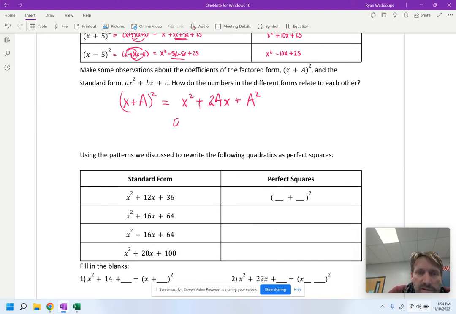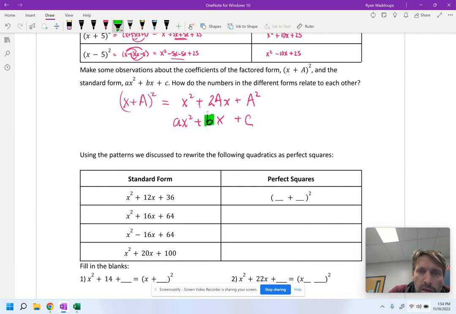In other words, in standard form, I've got ax squared plus bx plus c, that this b, let's highlight these, this b is equal to 2a, and this c is equal to a squared. So we can write that. b in standard form is equal to 2a, and c is equal to a squared.